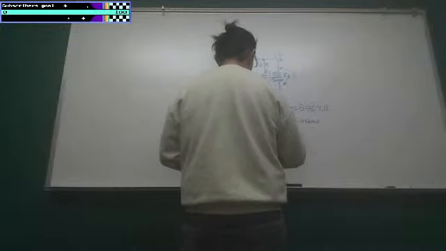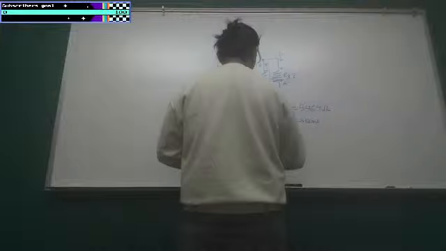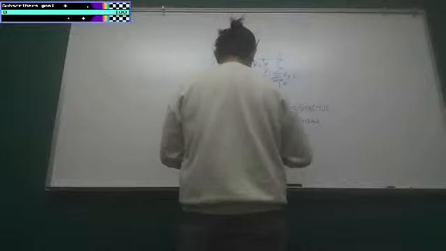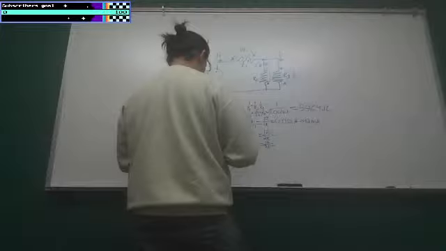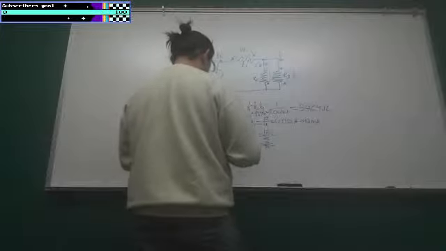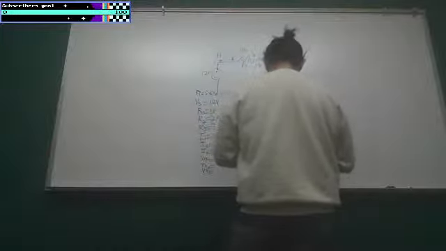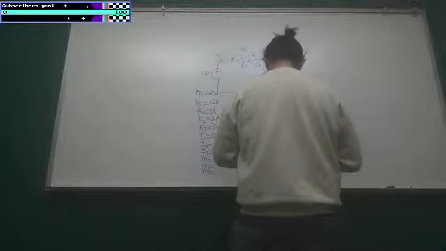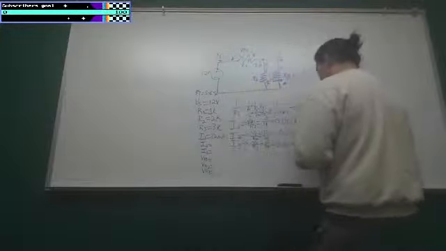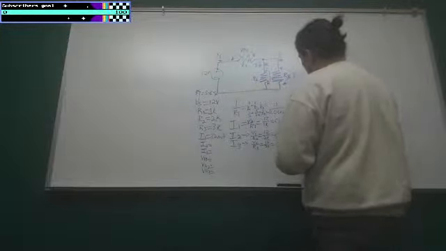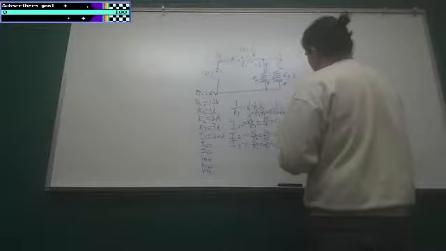All right. So now we just do 12 over 2K, 12 over 3K, which is just 0.006 and 0.004. These are all amps. Then we turn them into milliamps.